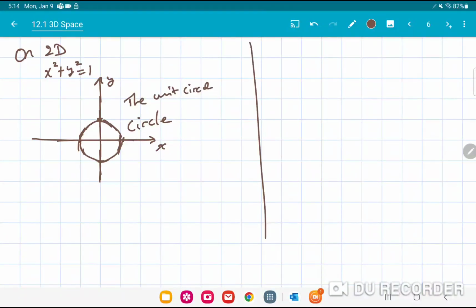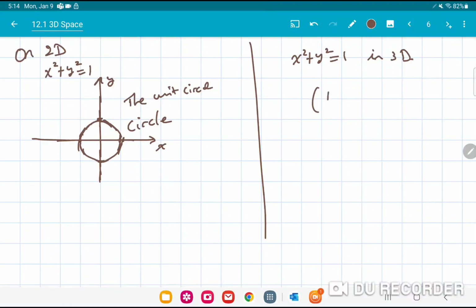What if I have this equation, x squared plus y squared equals 1, in 3D? Well, this is saying that the square of x and the square of y should add up to 1, but we don't care about what z is. We're not concerned about the z, but the x and y components should be such that x squared plus y squared is 1.